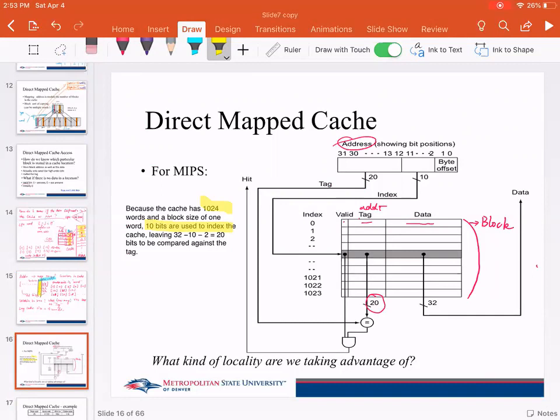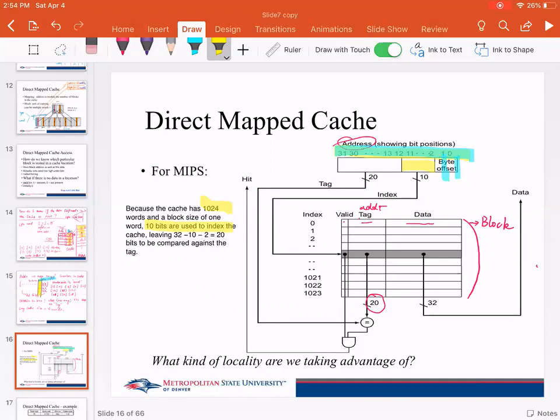And then inside of the whole 32 bits address, of course I do not need to store the lower 2 bits, and I can also save another 10 bits. I do not need to store the lower 10 bits after the byte offset because it is equivalent with the cache index.